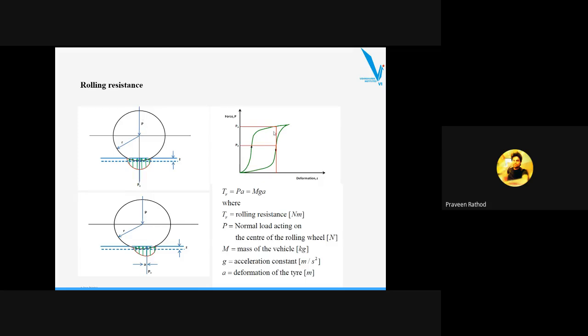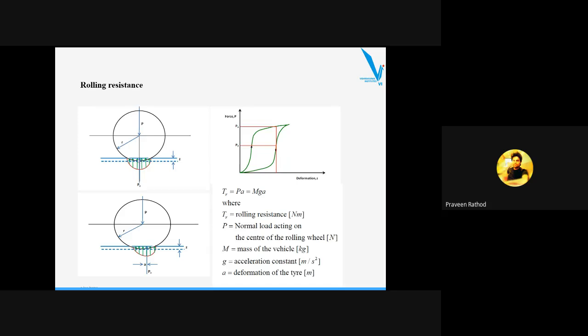This is a loading process and this is an unloading process, as shown in this figure. So this contact pressure is the loading.